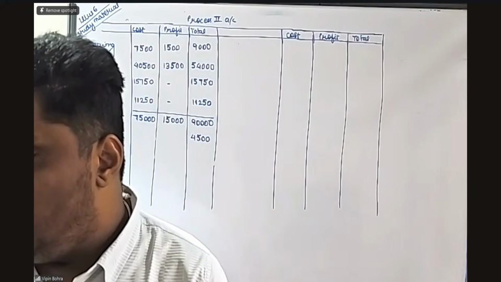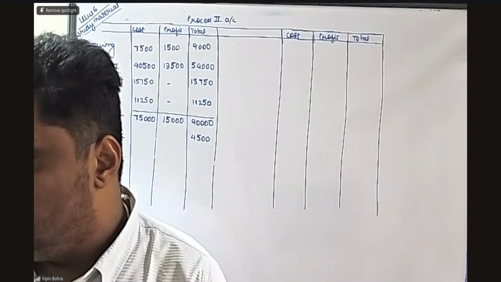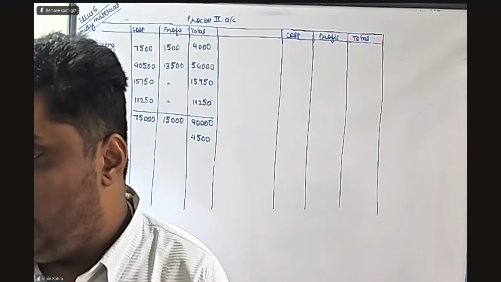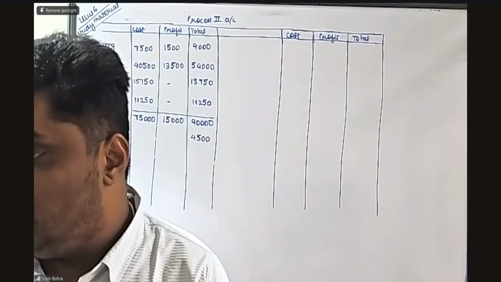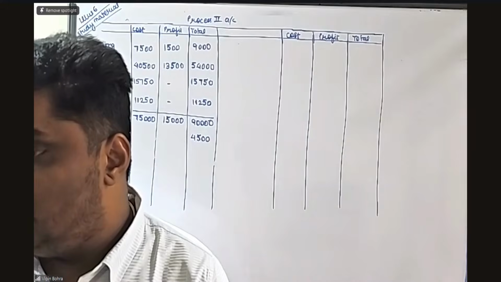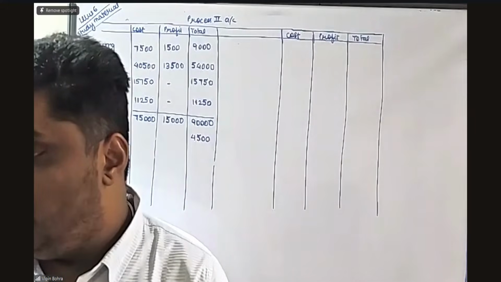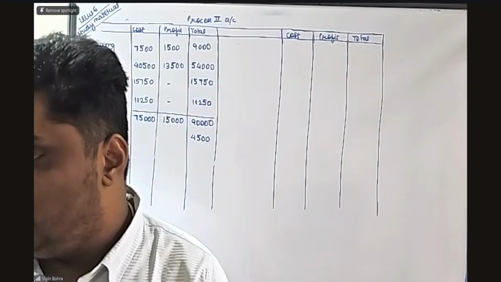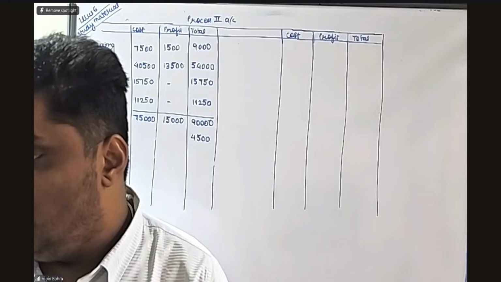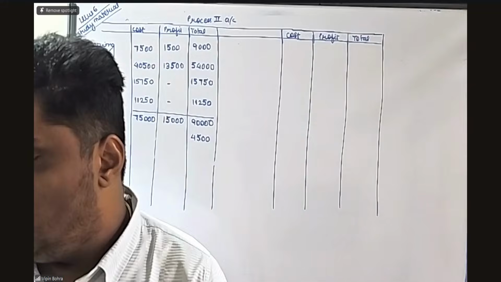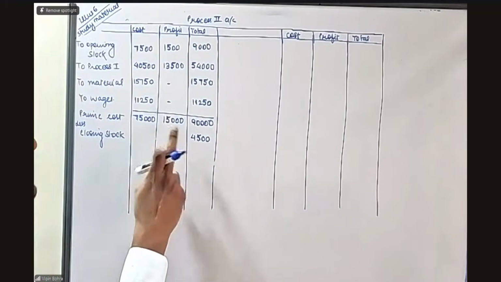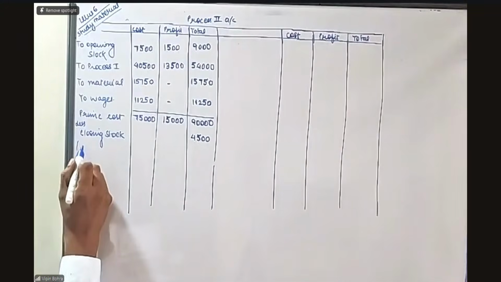Very good, Deepika. Sudhanshu, correct answer. Jaya, correct answer. Meenu, correct answer. Kuldeep, I'm not getting what you're saying. Yes, it is correct now. 15,000 is the profit on 90,000.